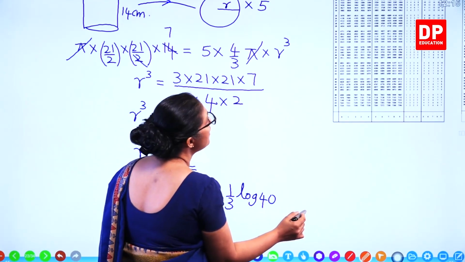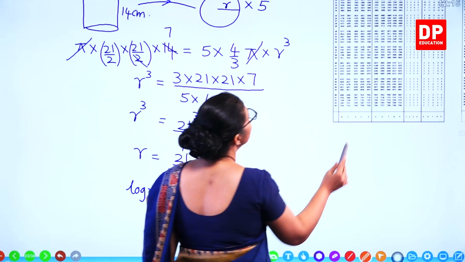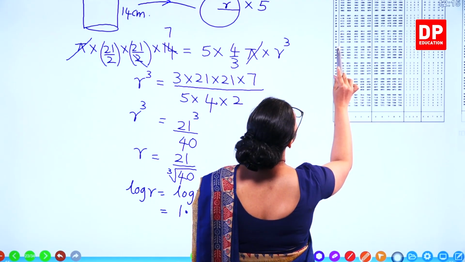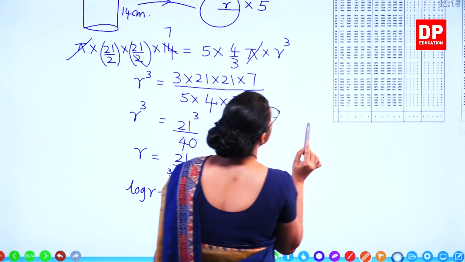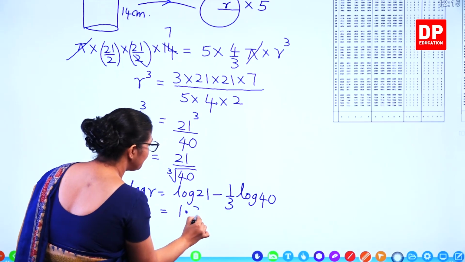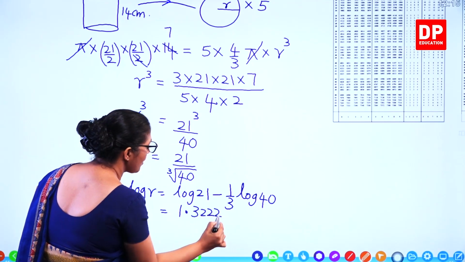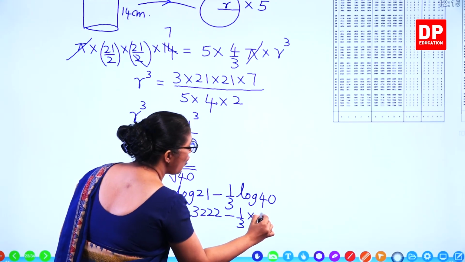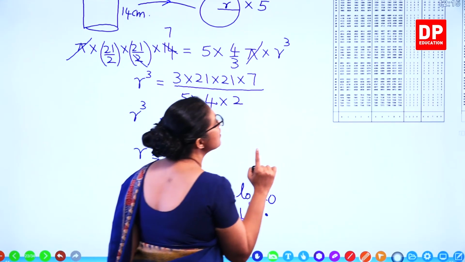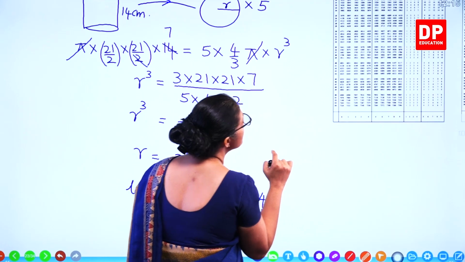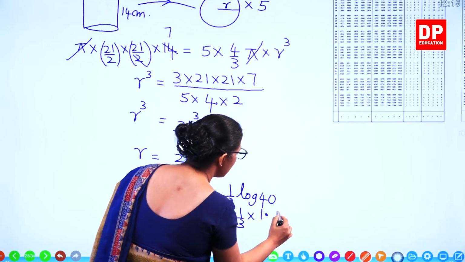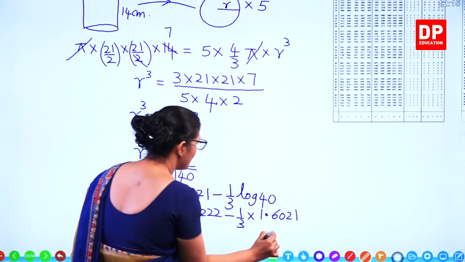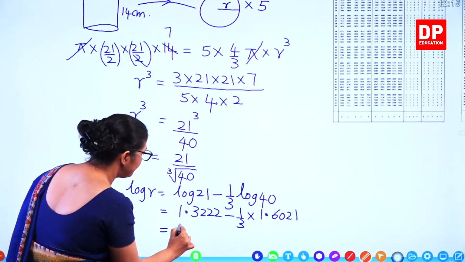So 21, 0 is 3222, minus 1/3 of log 40, means 1 point something, 40, 0. 6021. Now divide by 3.